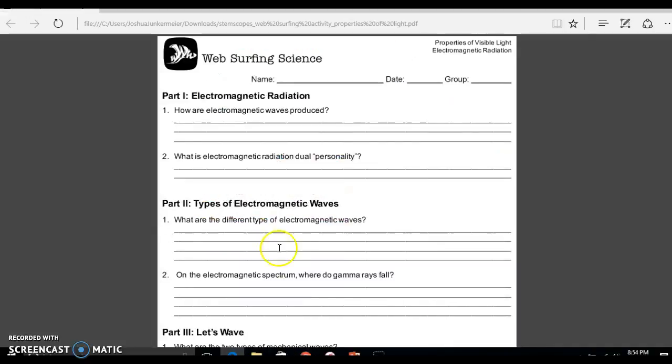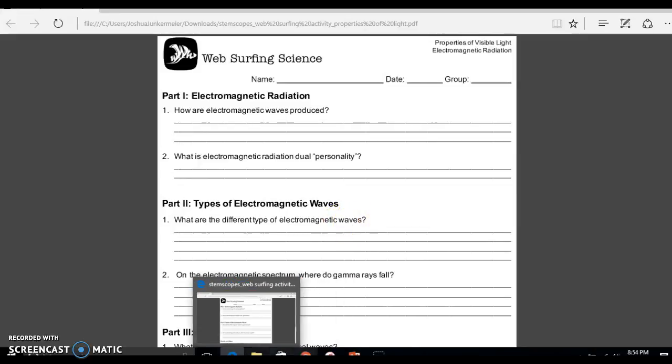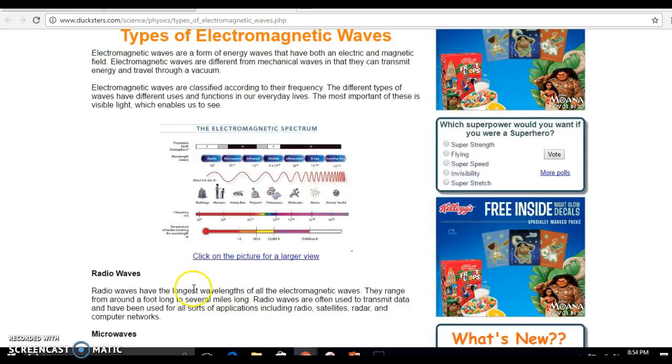Let's look at the worksheet. What are the different types of electromagnetic waves? We have them right here. Electromagnetic waves are classified according to their frequency, so whatever frequency means. They're listed right here in this graphic. They're the blue bubbles, and the names within them are the different forms of electromagnetic waves.